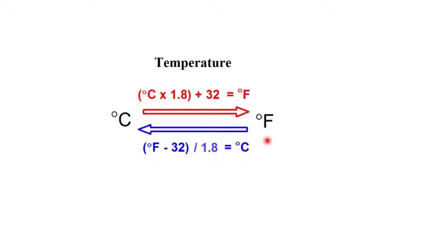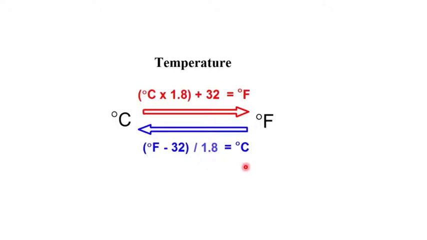Or, if you need to convert a temperature in Fahrenheit back into Celsius, you take that initial value in Fahrenheit and perform the reverse calculation in the reverse order. So now you're subtracting 32 first and then dividing by 1.8 last to convert back into Celsius.